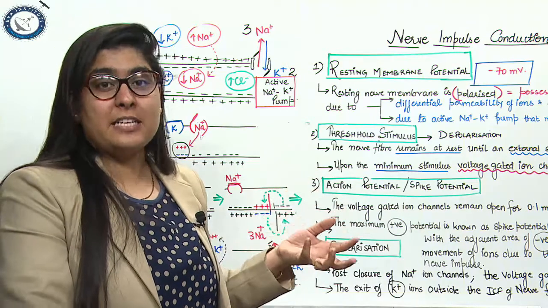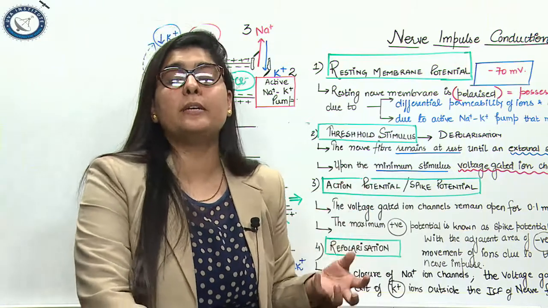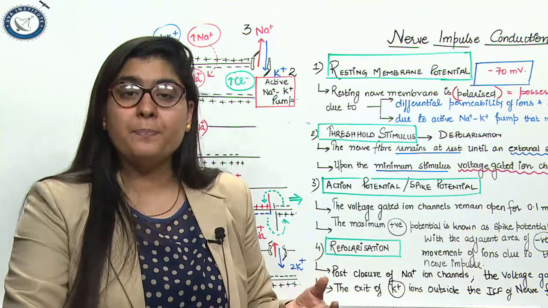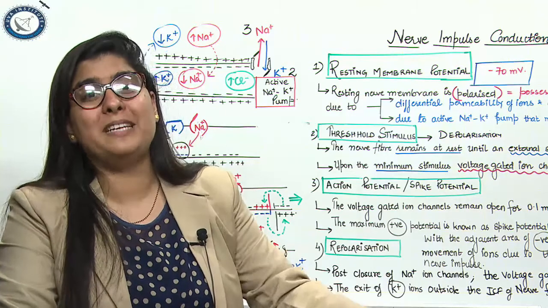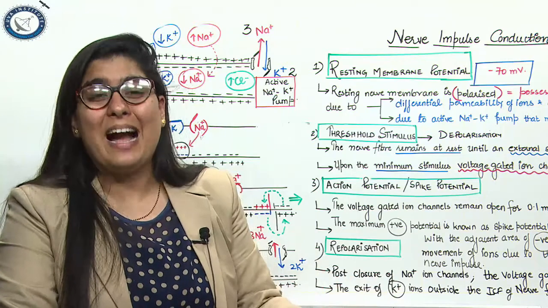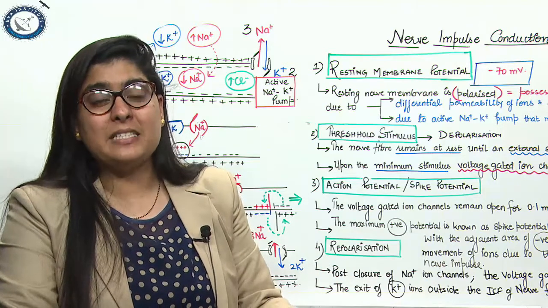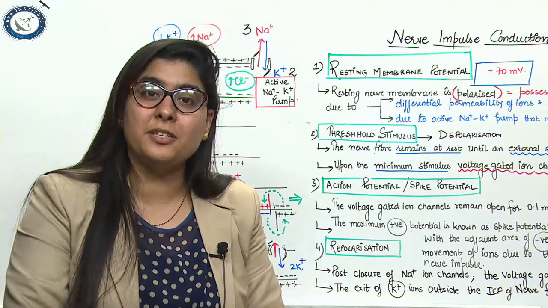And with such an explanation, we can understand the working of a sodium-potassium active pump, which is present over the nerve membrane. This pump works such that it pumps the sodium and potassium ions against their concentration gradient.